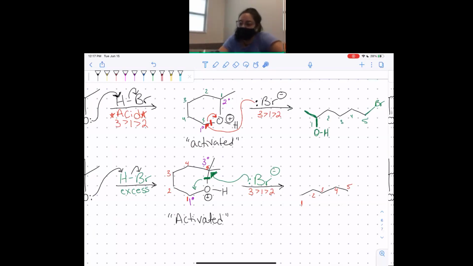Yes, so 2 methyls and a bromine on number 5. So bam, bam, bam. Correct. And an alcohol on carbon 1. Awesome. Perfect. So are we done?